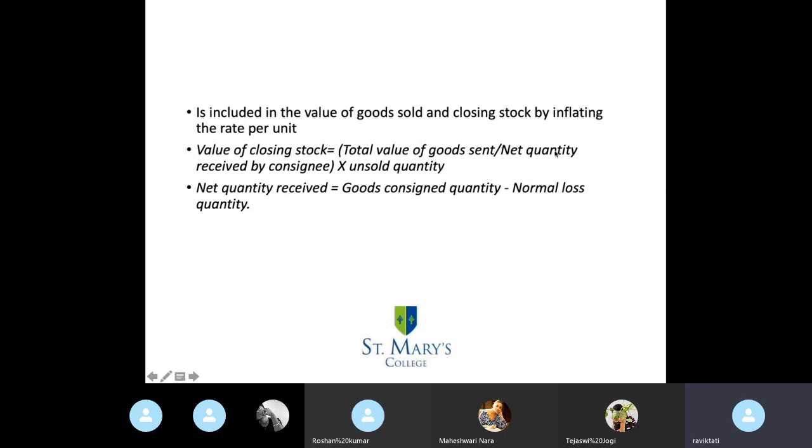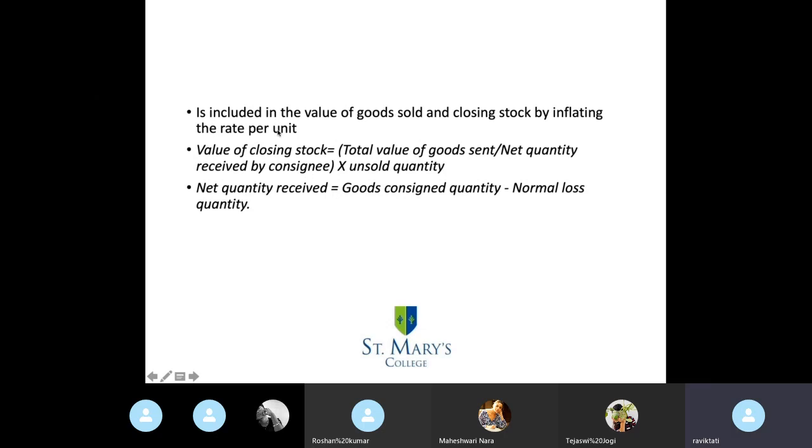Net quantity received is 800 by unsold quantity 200, multiplied with the total value of the goods sent, gives you the value of the closing stock.